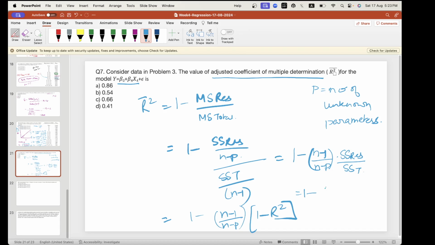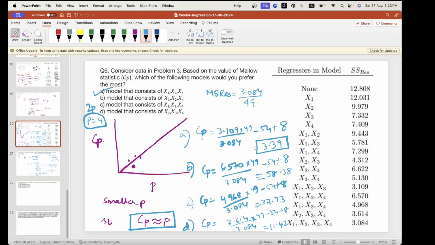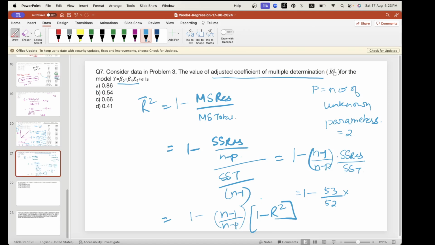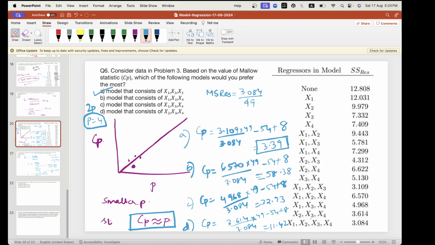N was 54, so this is 53. P is here 2. So n minus p, 54 minus 2, would be 52. SS residual for one single variable x4 is 7.409, and SST is this thing, 12.808.